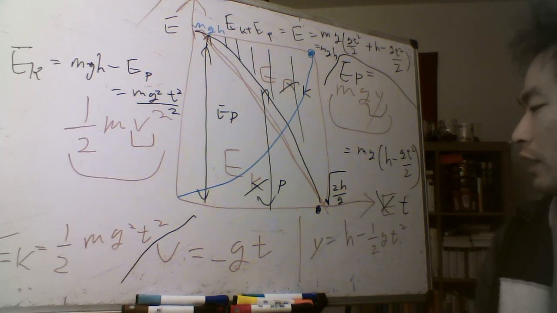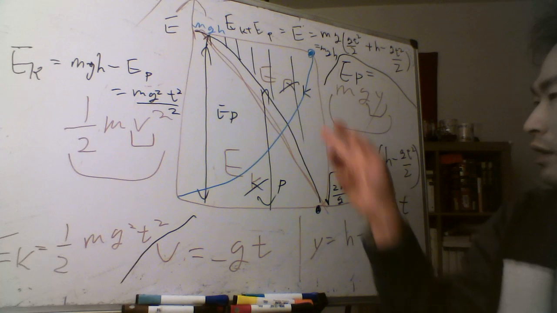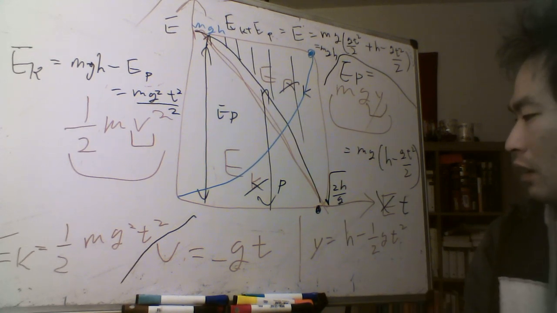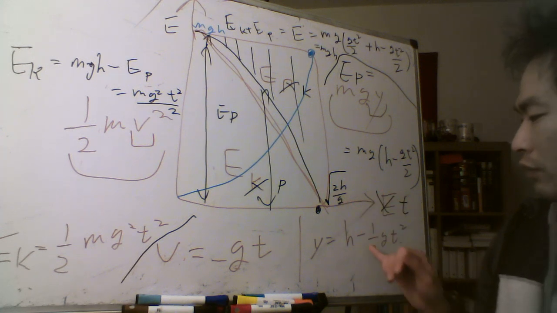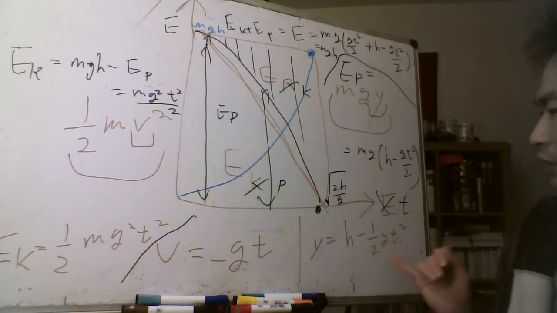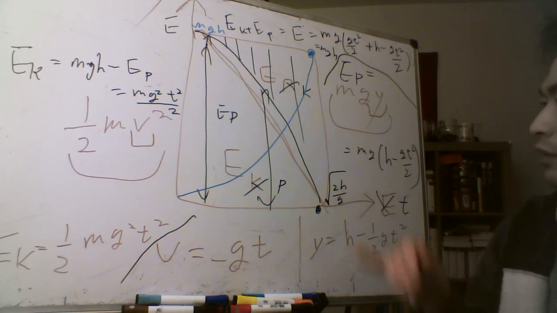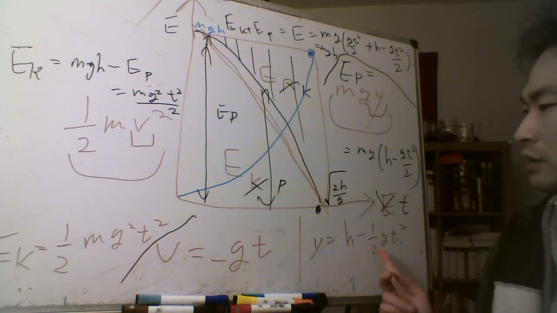So it's a parabola like this. When time is zero, you have the square root of 2h over g from this equation. So yeah, this is a parabola.